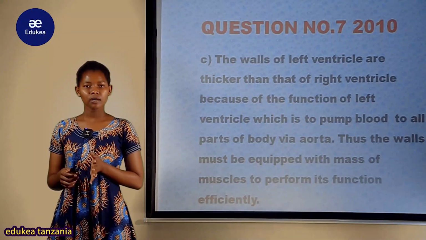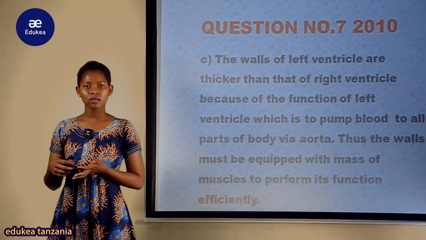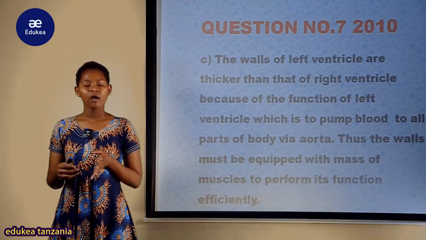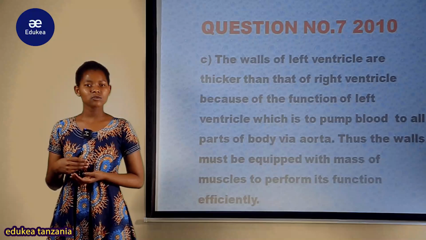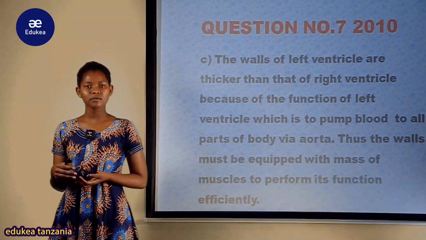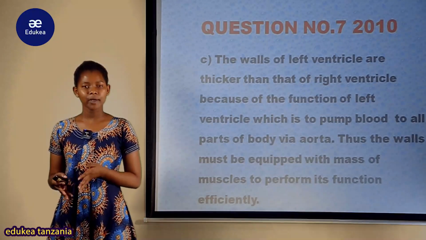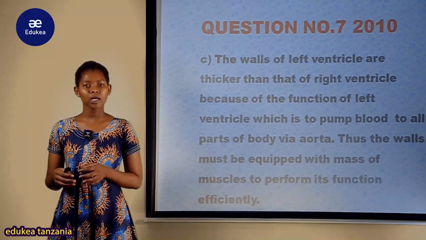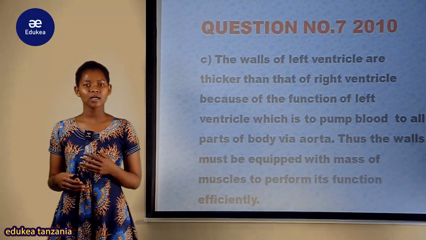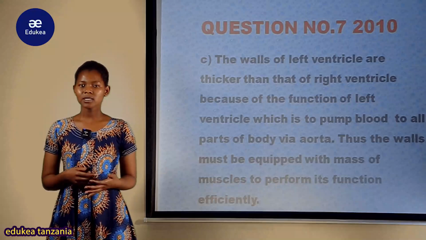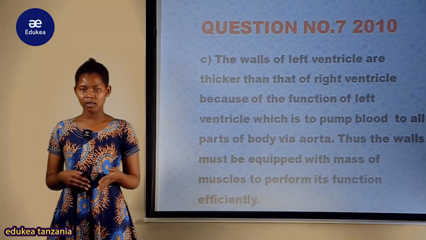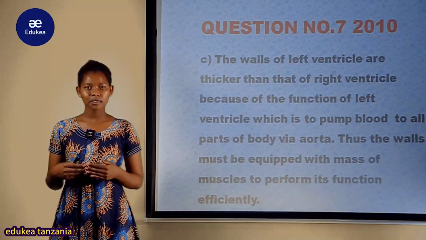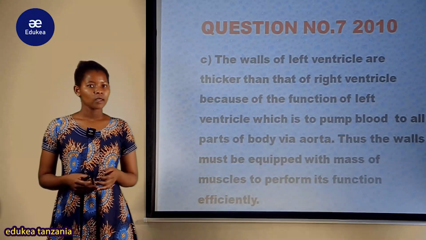Walls za ventricle ya kushoto ni musculated than walls za ventricle ya kulia kwa sababu ventricle ya kushoto inafanya kazi kubwa ya kupampu blood kwenda sehemu zote za mwili kupitia mishipa ya aorta na pia inabidi iwe equipped with mass of muscles ili iweze kufanya kazi zake vizuri. Kwa hiyo my dear student, hii ndio sababu kwa nini ventricles za kulia na za kushoto zinatofautiana kwa thickness yake.